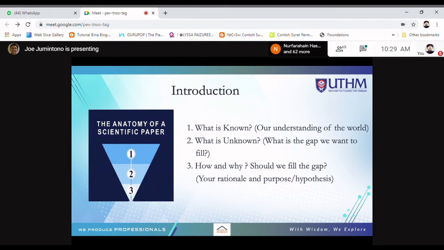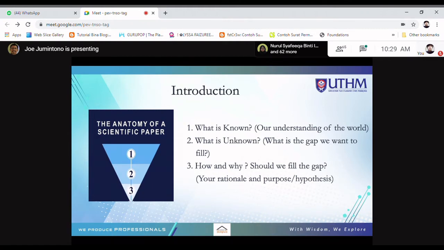Okay. If you have already understood about the anatomy, like I said before, the introduction consists of 3 parts of the anatomy of the scientific paper. Number 1, number 2, and number 3.